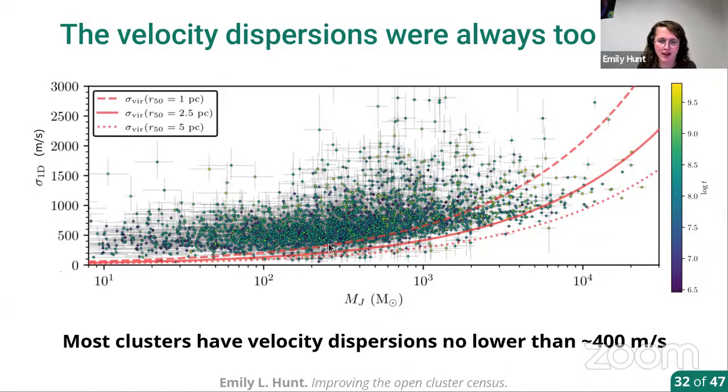You can see that the vast majority of clusters are way above these red lines. The velocity dispersions are far too high. Take a mass of about 100 solar masses, where some of these more suspicious objects tend to sit. You expect them to have a velocity dispersion of about 100 meters per second. They're all like 400 or 500 meters per second, which is way too high and way higher than we would expect for a bound cluster. So something seemed to be going wrong.